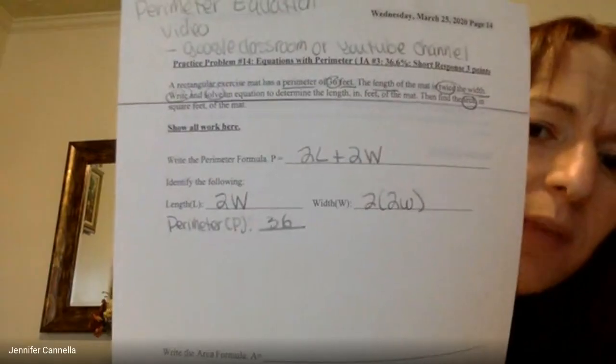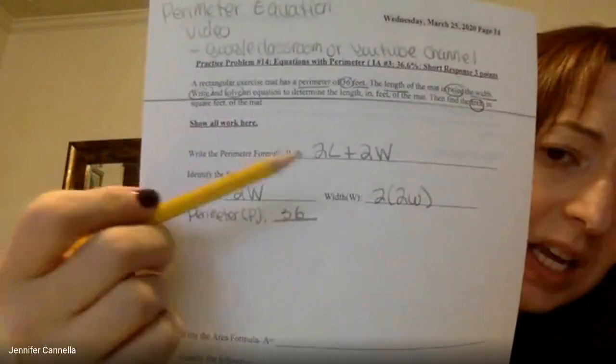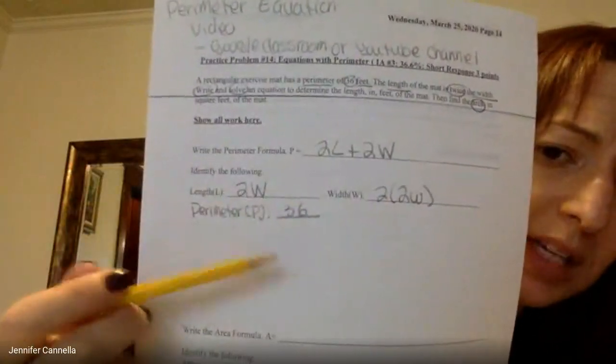Now, we're going to rewrite the perimeter formula. P equals 2L plus 2W down here. Write small. 2L plus 2W. Now, we're going to identify the P, which you told me was 36.